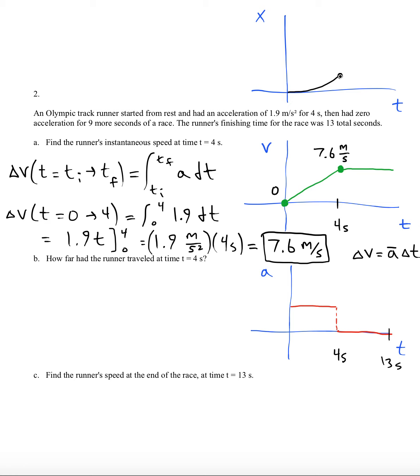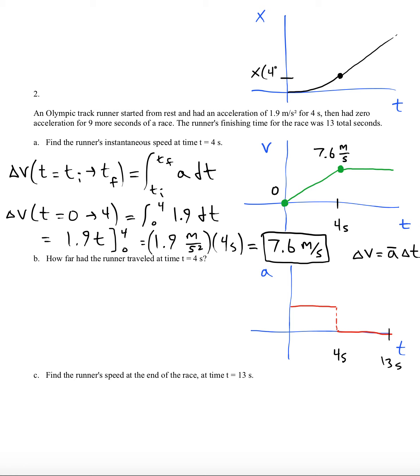Now, once we get to this important point where things change, that's when our position versus time graph is going to straighten out. And it's going to become just a straight slanted line. We're asked to find how far the runner had traveled in 4 seconds.